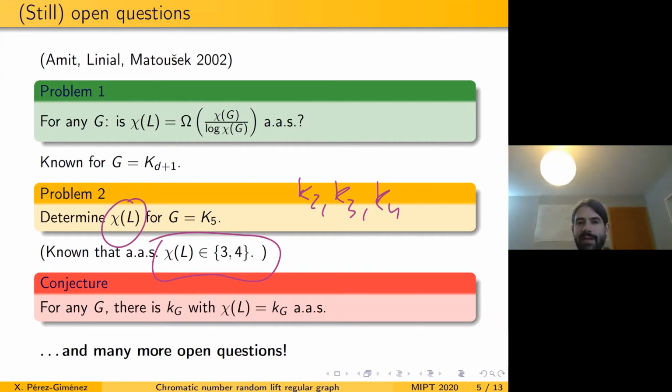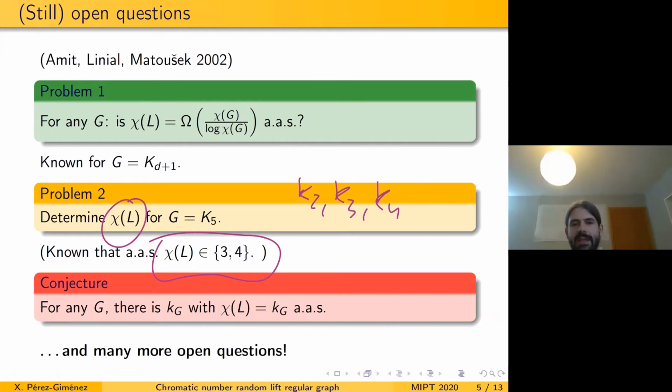This would be very similar to determining the chromatic number of 4-regular graphs, which is known to be 3, and it was proved by Achlioptas and Moore using the analysis of some greedy algorithm via the differential equation method.